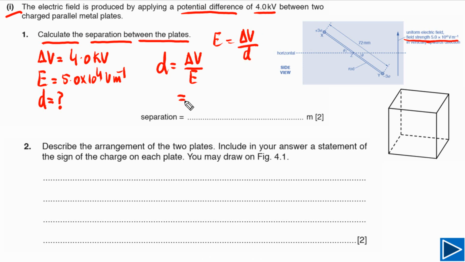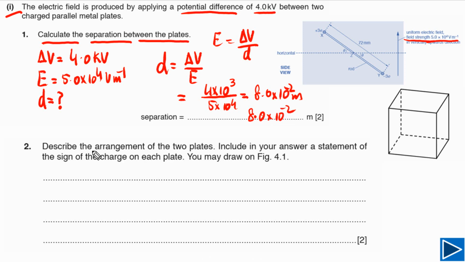Now simply we need to plug in values of delta V and E, and we can find out the value of separation between plates. If we just do these calculations, our final answer will be 8.0 times 10 to negative 2 meters. And this is the value of separation between plates.